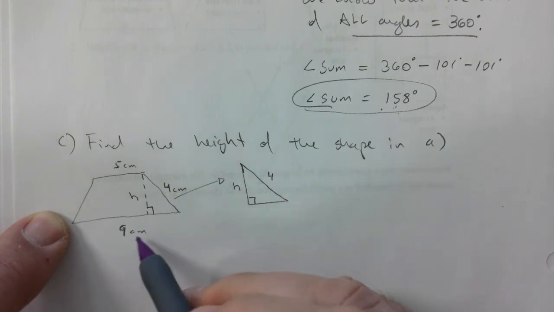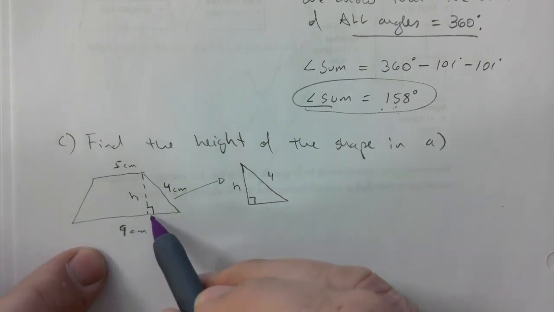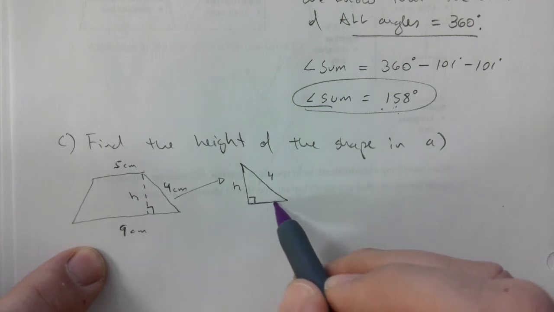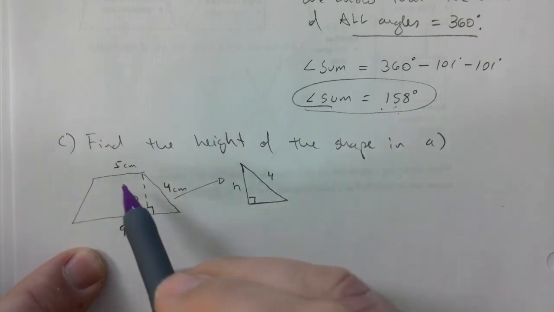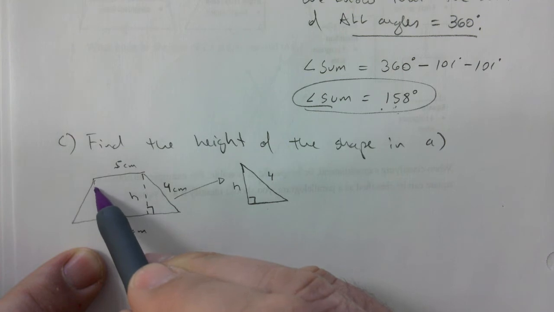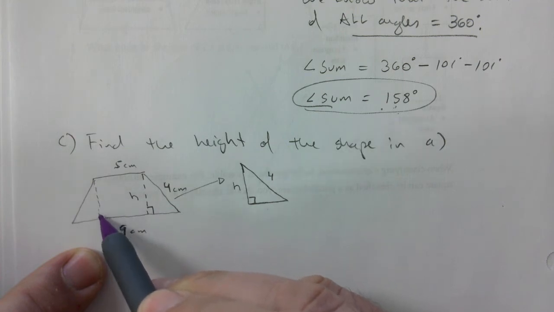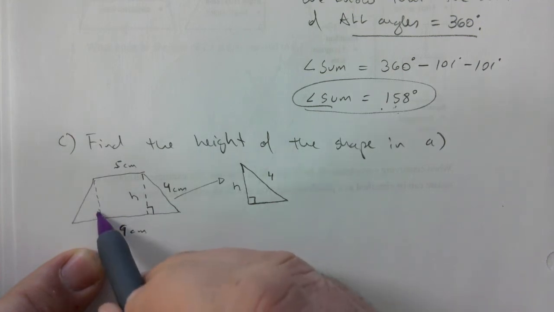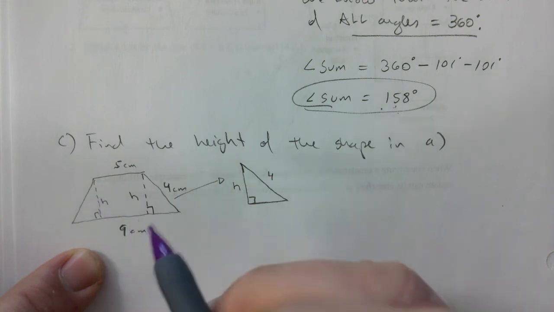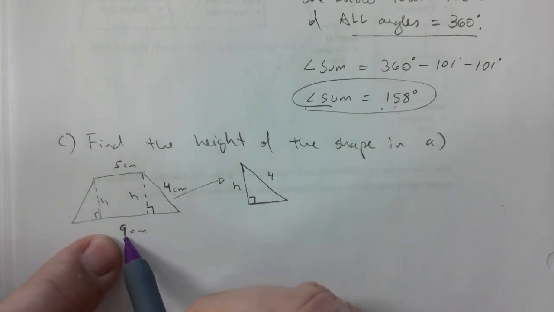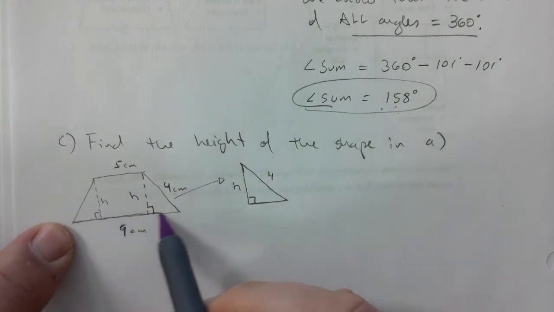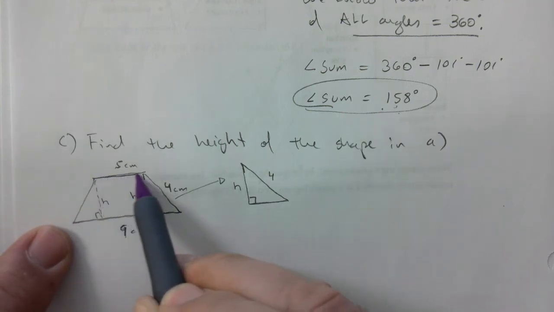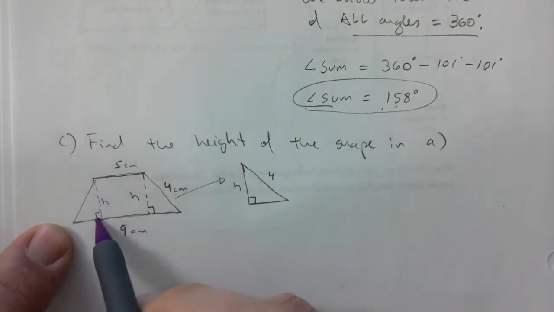How would you find this sliver here? Well, if you think about it, let's also draw a height down here on the other side. This is also the height. If you go 9, the whole thing, take away 5, that stretch up here, you're taking away that middle piece.